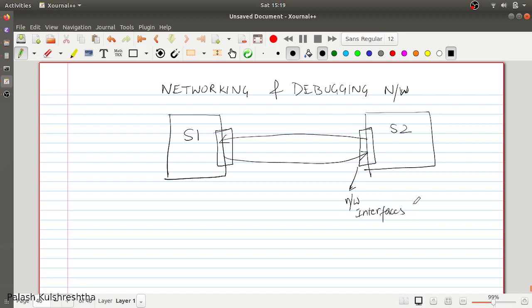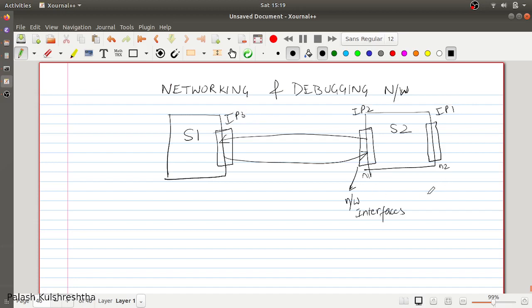An IP address is always of a network interface. So if this server has multiple network interfaces, let's say two, N1 and N2, then this server is going to have two IP addresses. Let's say this is IP1 and this is IP2, IP3.